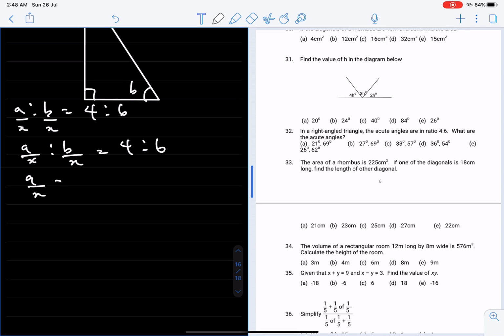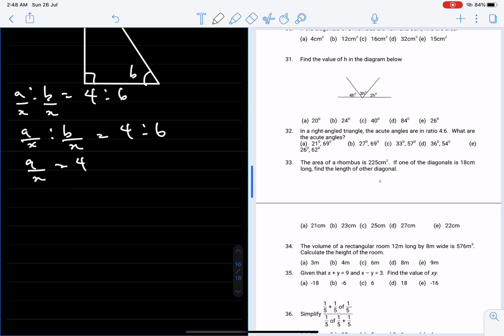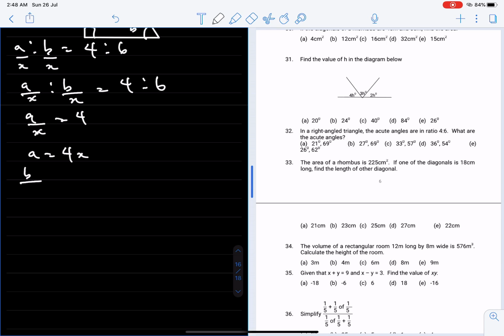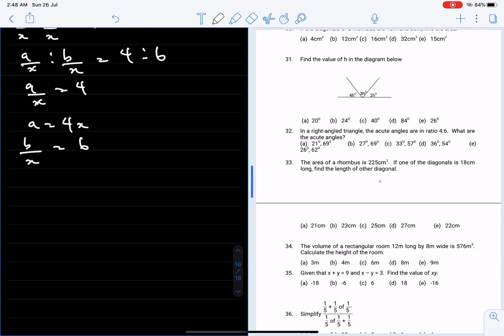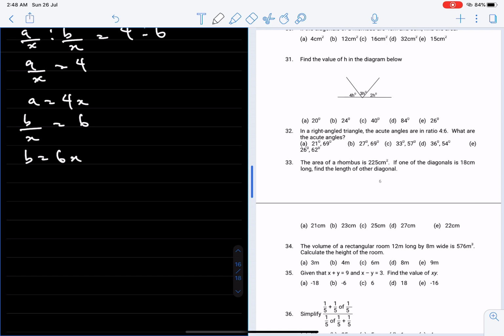That simply means, this is just a very simple trick, A over X equals 4, and that means A equals 4X, and B over X also equals 6, which means B equals 6X. Now I can say A plus B plus 90 equals 180 degrees, sum of angles in a triangle.